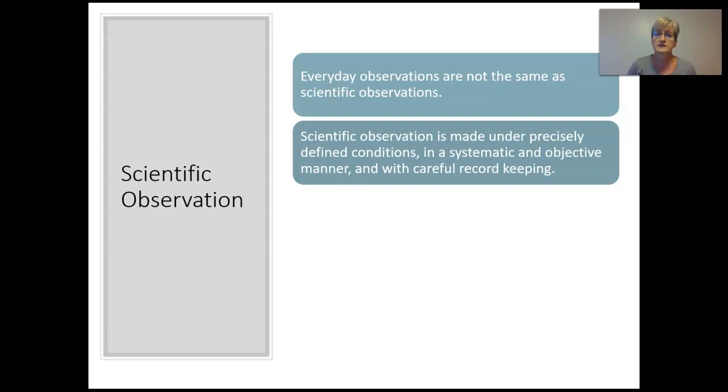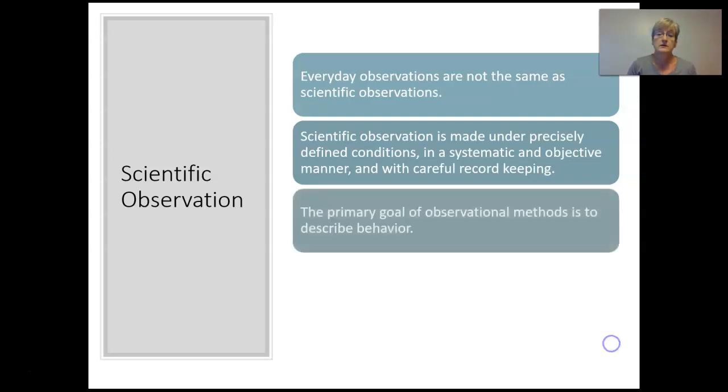So when we think about scientific observation, we need to understand that, as scientists, we have to be able to measure precisely. We have to have careful and clear definitions. Our measurements and the way in which we make our observations need to be systematic and objective.